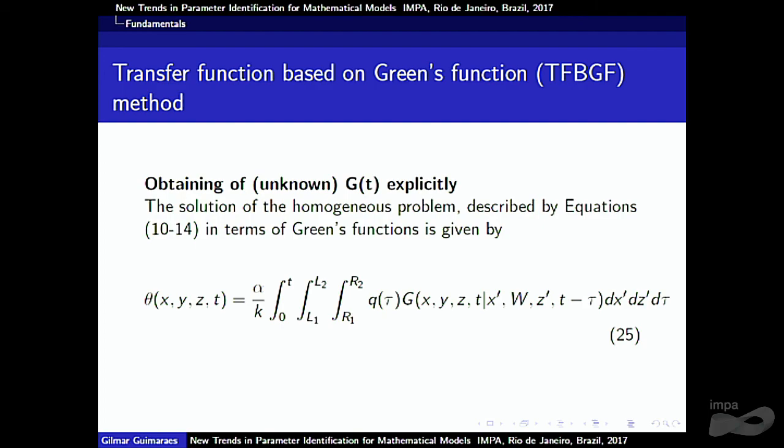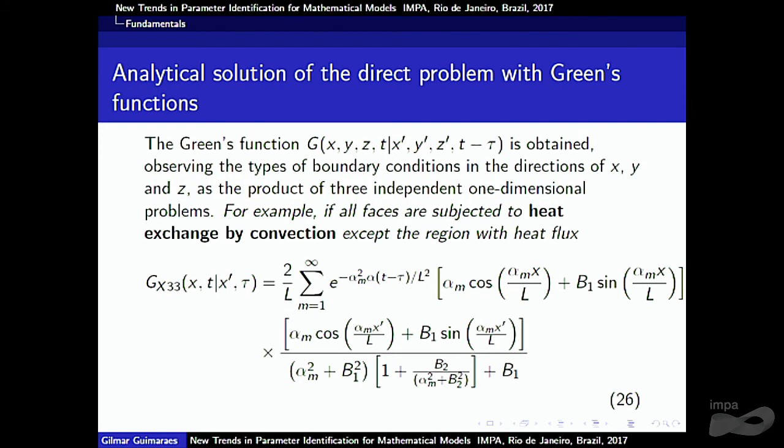So we are going to obtain the Green's function, in this case the transfer function, explicitly, and work in the phase to estimate the thermal diffusivity. Well, the Green's function can be obtained observing the types of boundary conditions in the three directions.